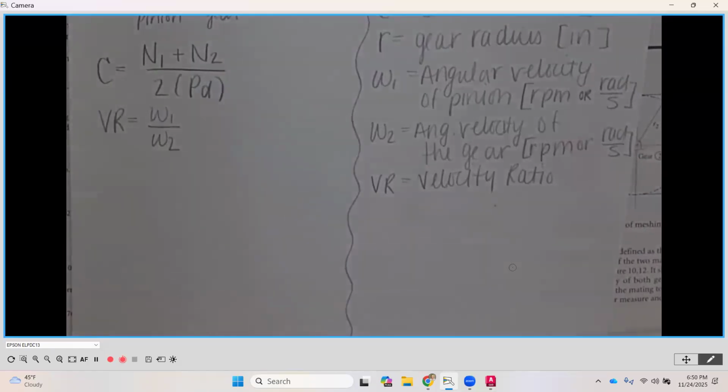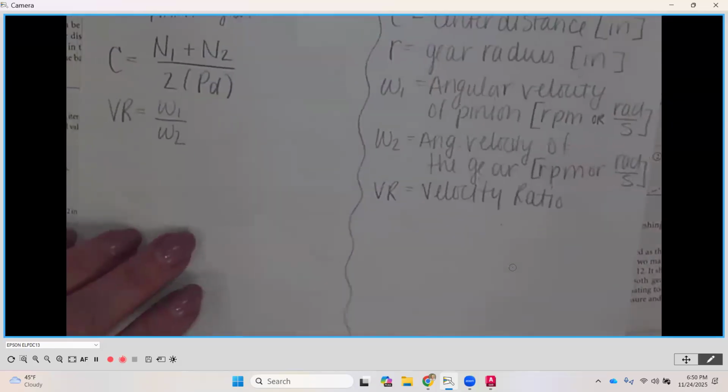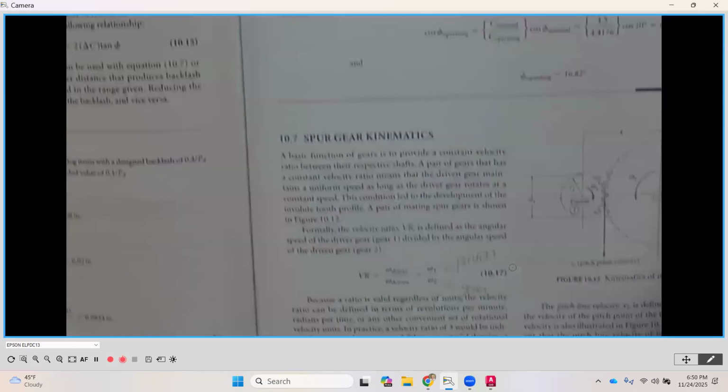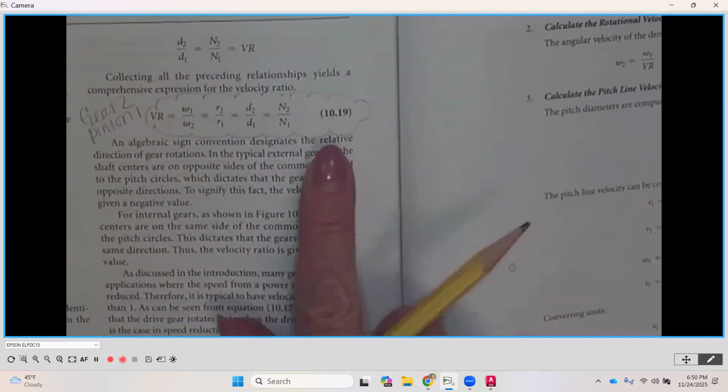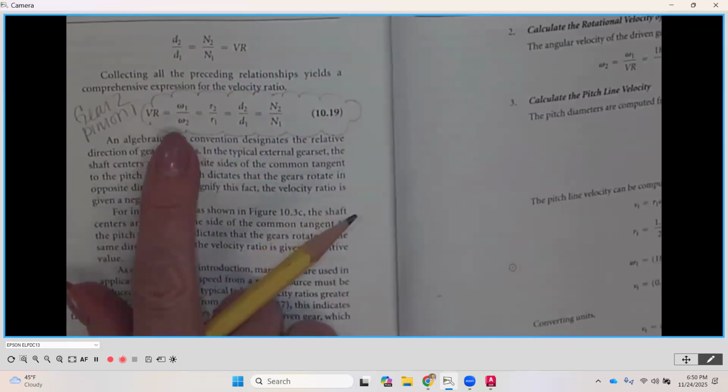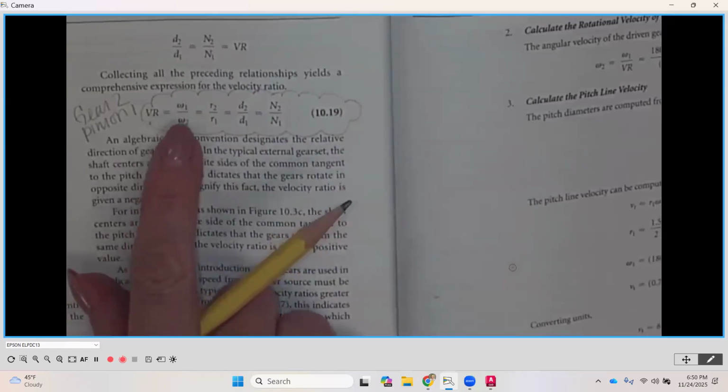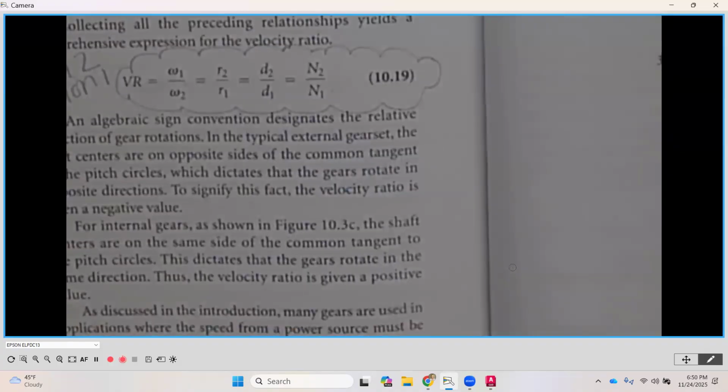Now, not only can we calculate velocity ratio using the angular velocities of the pinion and the gear, we can also determine it by the physical attributes. If we look up here, equation 10.19, we have velocity ratio equal to the angular velocities first, omega 1 divided by omega 2.